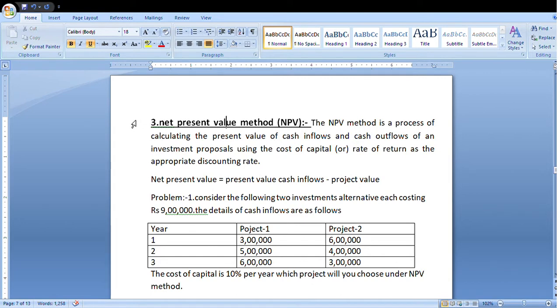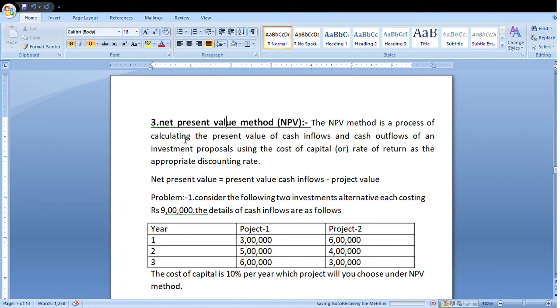The net present value method is a process of calculating the present value of cash inflows and cash outflows of an investment proposal using the cost of capital or rate of return as the appropriate discount rate. It is called the net present value method.